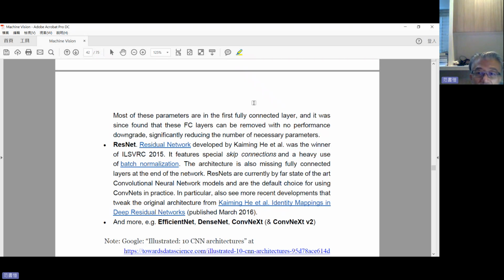The architecture is also missing a fully connected layer at the end of the network. Residual nets are currently by far the state of the art, and in many cases convolutional neural network models are the default choice in practice. In particular, also see more recent developments that tweak the original architecture from Kaiming He.